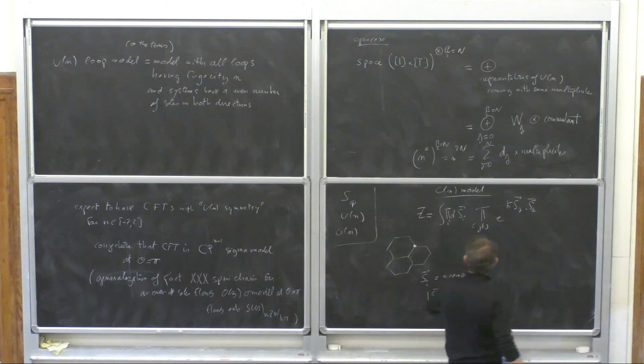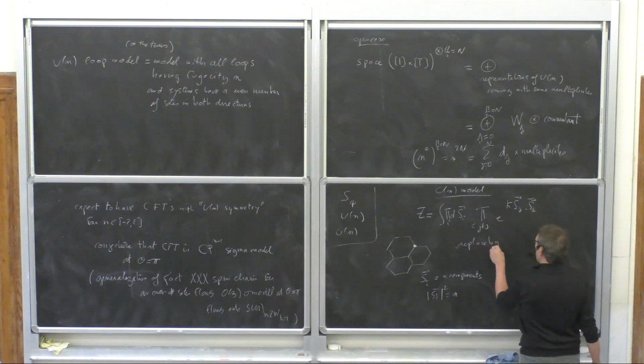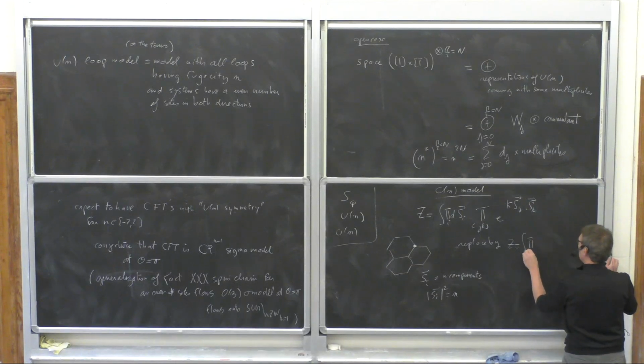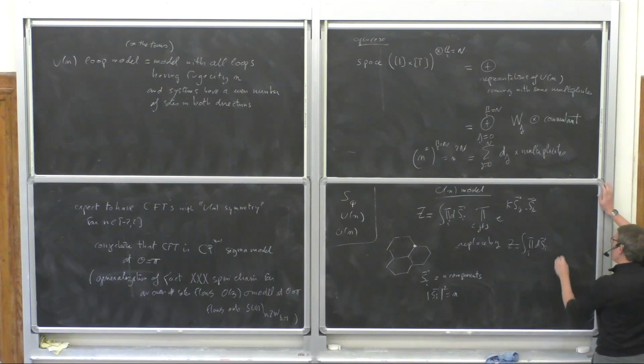So the smart physicist said, oh, well, you know, maybe I can replace this by a simpler model where Z would be the sum, and instead of taking e to the K s_j.s_k, we're just going to take 1 plus K s_j.s_k.